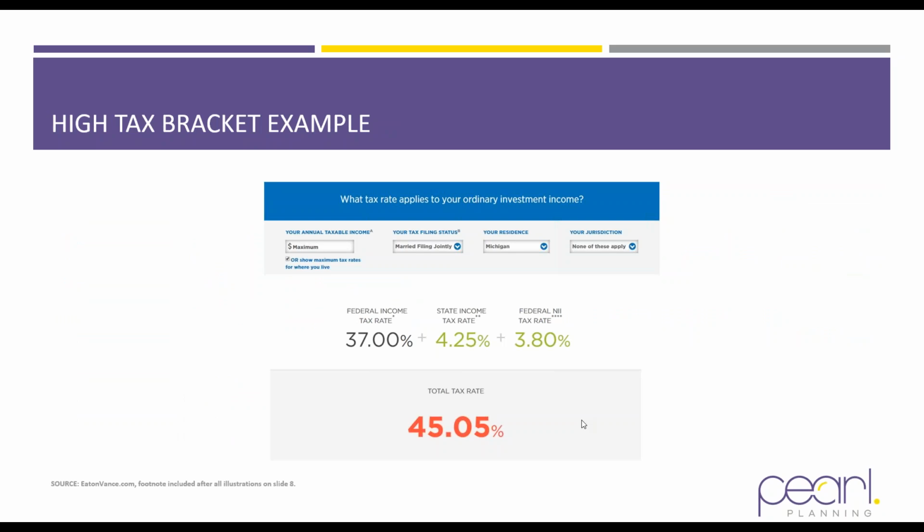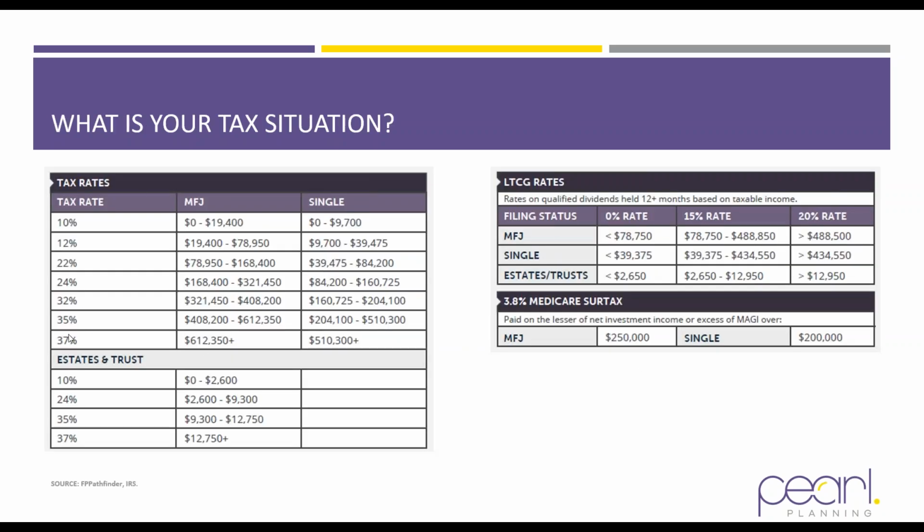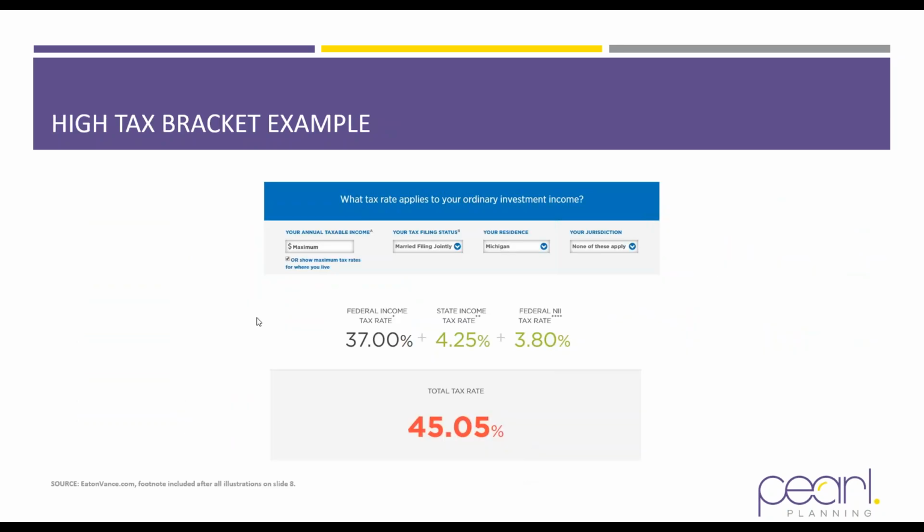Okay, so let's look at some examples. Right here I have given a generic kind of illustration of what taxes might be if you lived in the state of Michigan, which has a 4.25% income tax rate. And you're maxing out your income, so you're back in those previous brackets. You're way up here, a married couple, over $600,000 of ordinary income, over $500,000 if you're single.